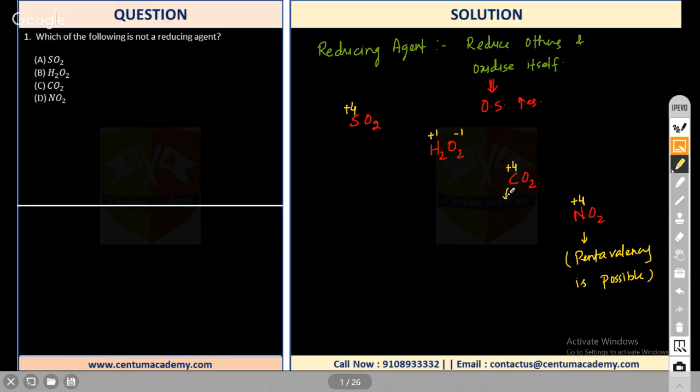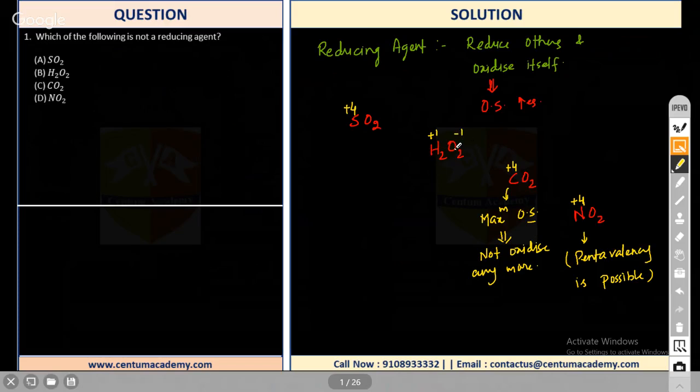For carbon, +4 is the maximum oxidation state. Maximum oxidation state means further increase in oxidation number is not possible, and hence it will not oxidize anymore.